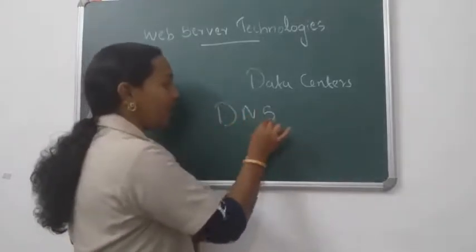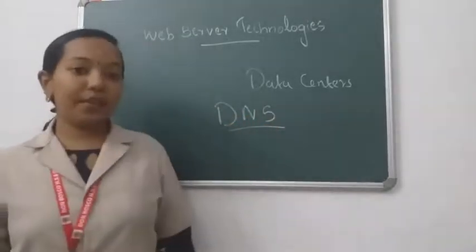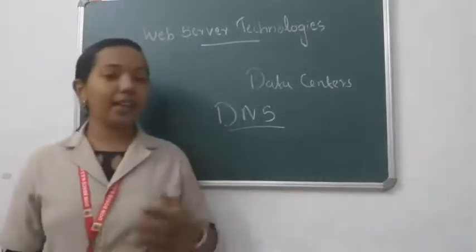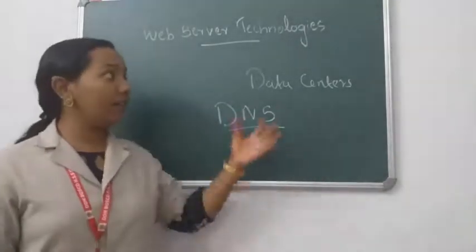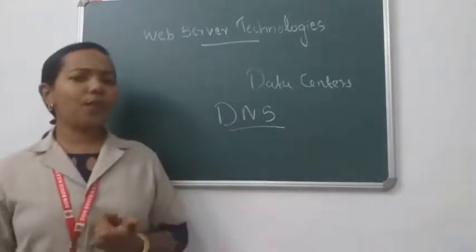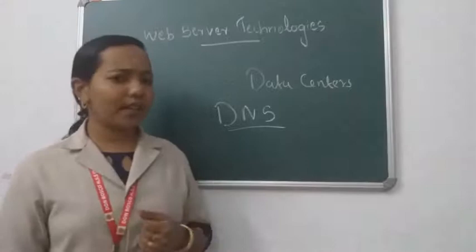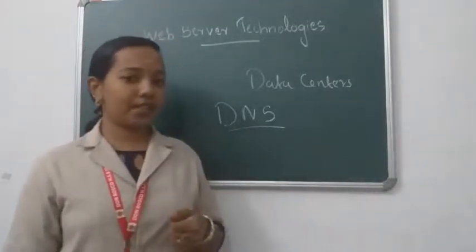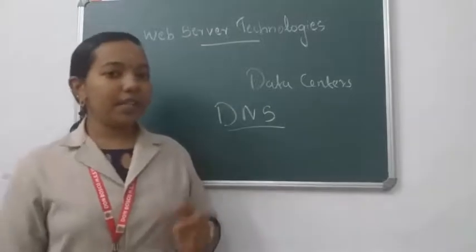Then next one. Once we completed the development of the web server, the next thing is DNS. What is the full form of DNS? In smaller classes we studied DNS: Domain Name Service, or Domain Name System.